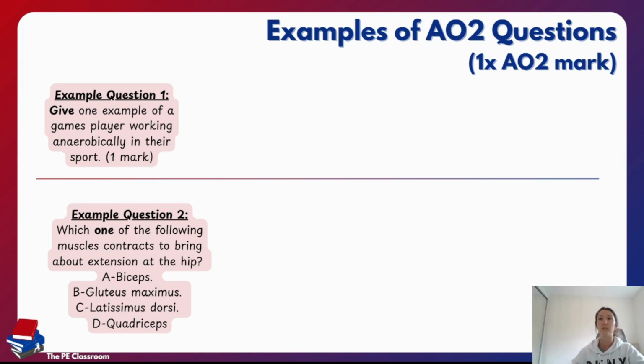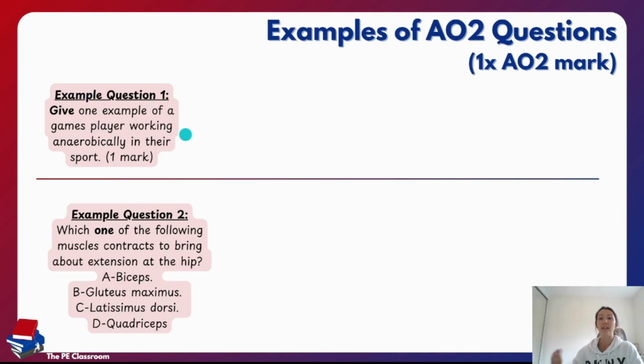They do use, especially this give, similar command words to AO1 type questions. But the clue is it's saying give 1 example of a games player working. So it's asking for a sporting example. So straight away you should be able to recognise that's an AO2 mark that I should be getting.